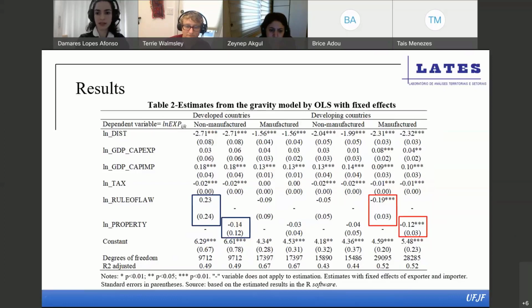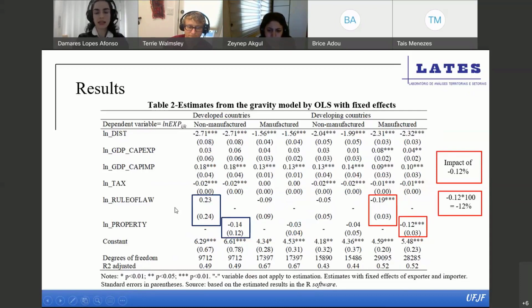And we can say that the lowest average impact of institutional efficiency on manufactured exports of developing countries is minus 0.12%. And we consider that the institutional efficiency of developing countries is 100% lower than that present in developed countries.